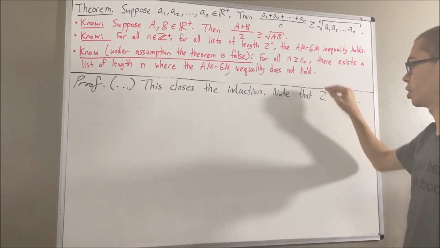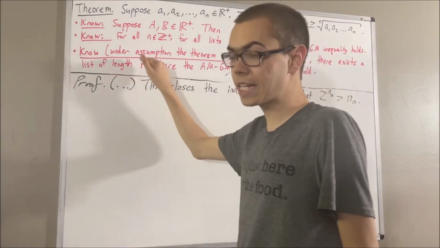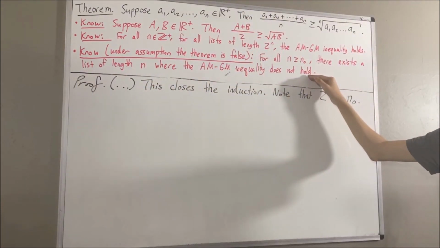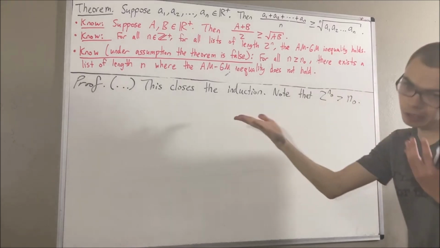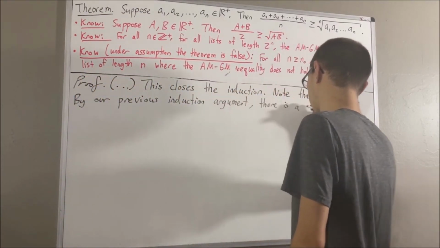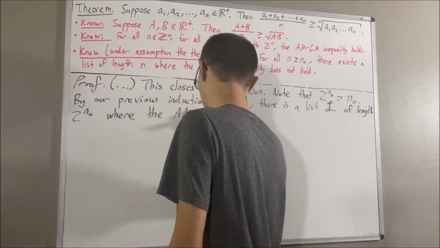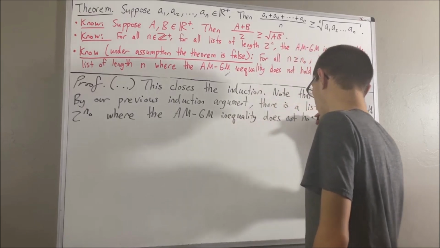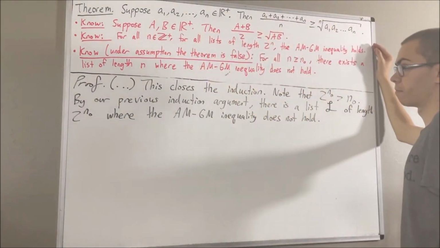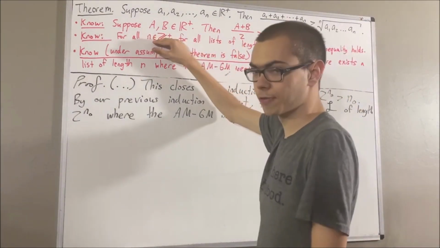So taking n to be 2 to the n naught, we have that there is a list of length 2 to the n naught where the AMGM inequality does not hold. I'm going to call that list L. But now, let's go back to the first statement that we proved. We know that this statement works for all positive integers.